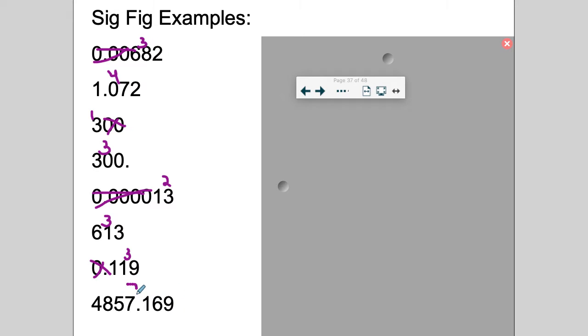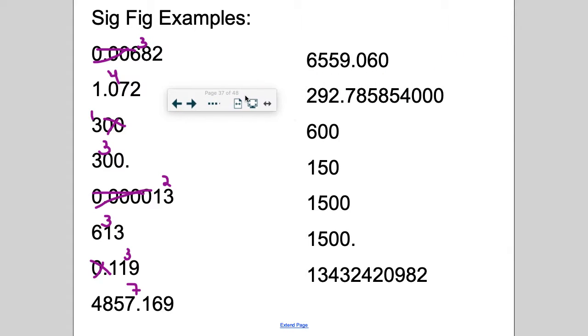They're all non-zero. 7. This 0 is significant because it's sandwiched, and then this is at the end past the decimal, so it's significant, so it's 7. 1, 2, 3, 4, 5, 6, 7, 8, 9, and these 3 zeros are at the end of a number past the decimal, so 12.